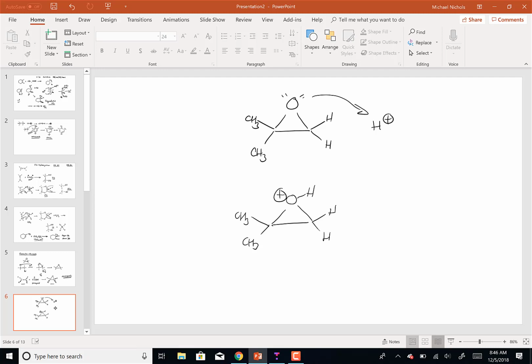From Monday and from the last couple weeks? What do I have here? What shape do I have? I got a triangle. I had a triangle with one of the atoms with a plus charge. Is that helping anybody?